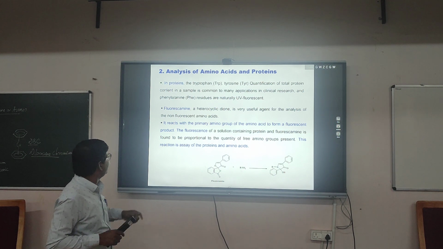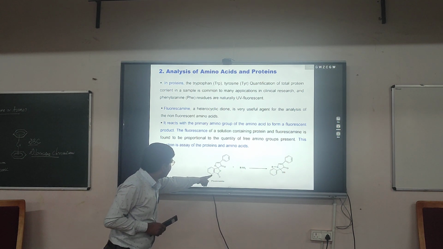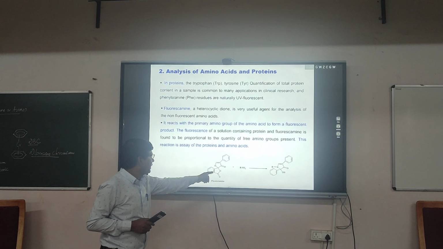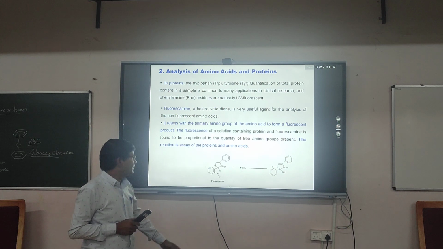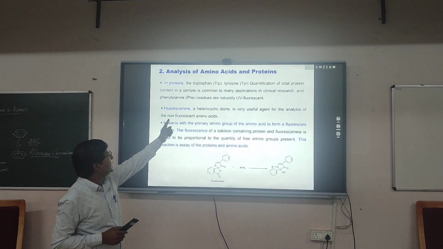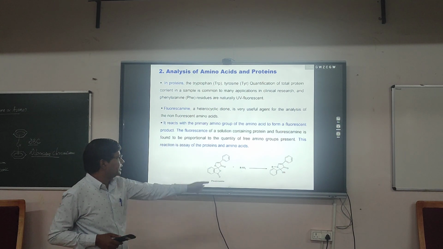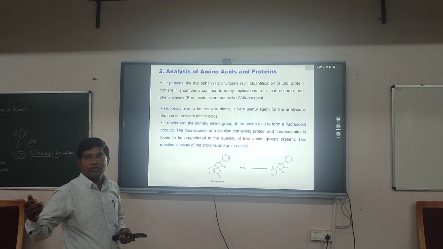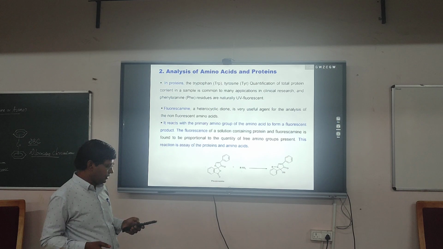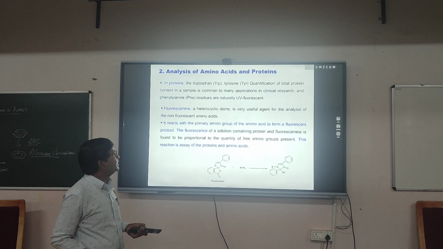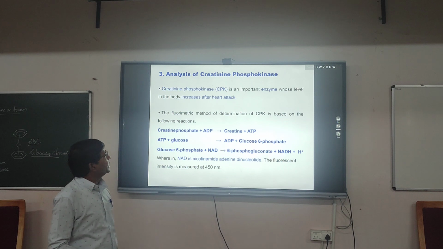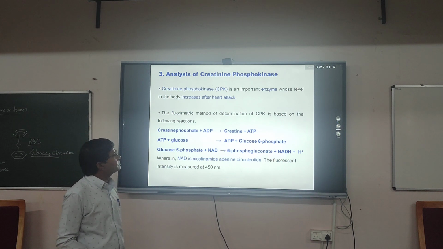In that case we have to use a fluorescent compound, like furosemide. This will interact with the amine group present in amino acids or protein, and it will give fluorescence light directly proportional to the amount of amino acids or protein present in a clinical sample. The third application is creatine phosphokinase.